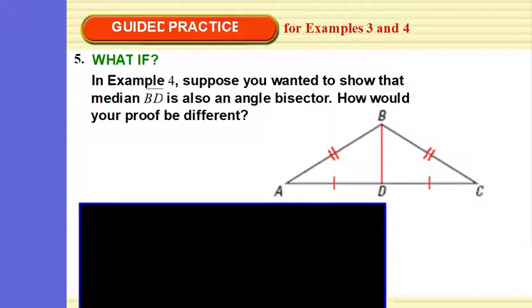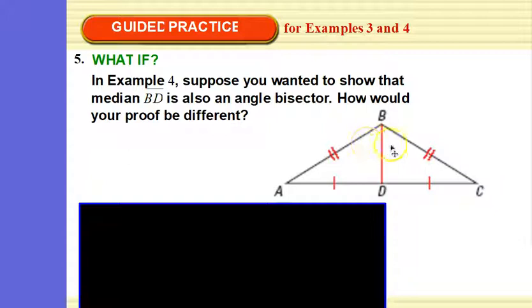And suppose you wanted to show the median BD is also an angle bisector. How would your proof be different? So if you wanted to show that it's an angle bisector, you would do the same thing with stating your givens, right? This is congruent to this is congruent to this. You're going to add in your reflexive, BD is congruent to BD, so the two triangles are congruent by side, side, side. Then you would say angle ABD is congruent to angle CBD.